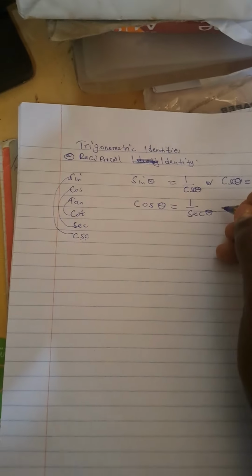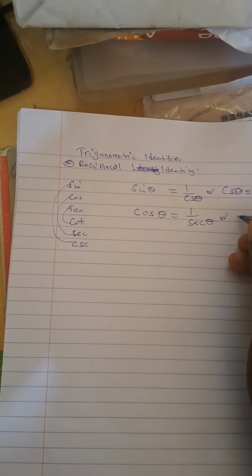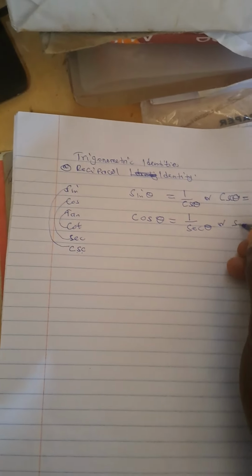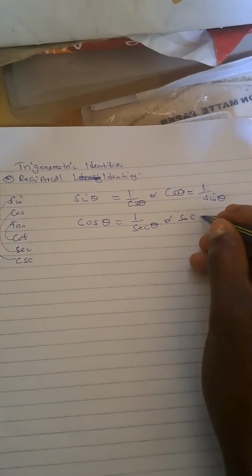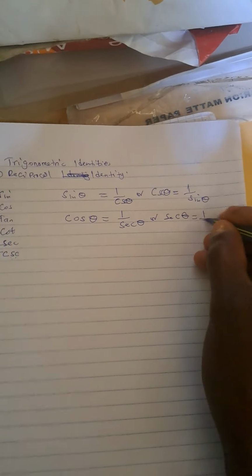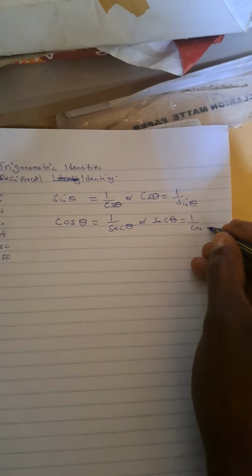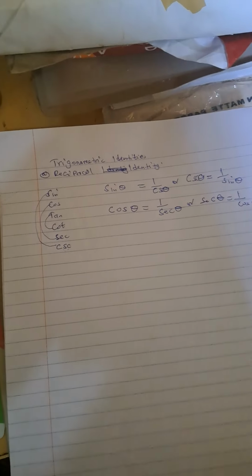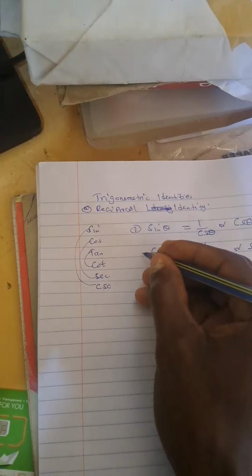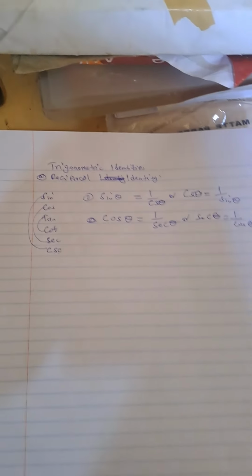Or if you begin with sec theta, then it is equal to 1 over cos theta, like that. So this is the first identity, the second identity.